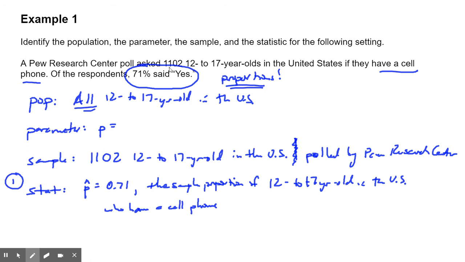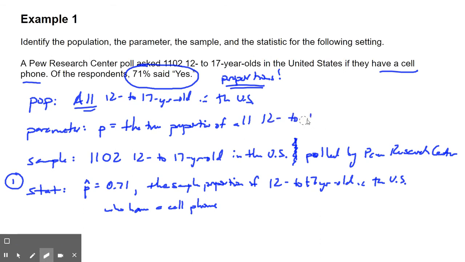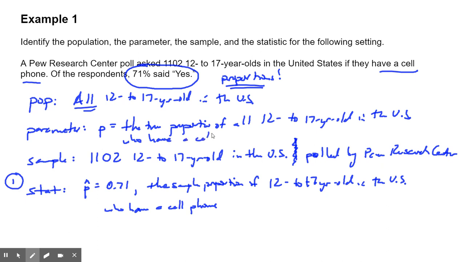And we don't really know what that value is, okay? Which equals the true proportion of all 12 to 17-year-olds in the US who have a cell phone.